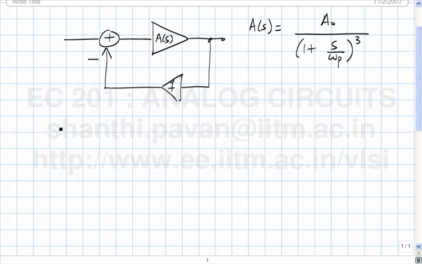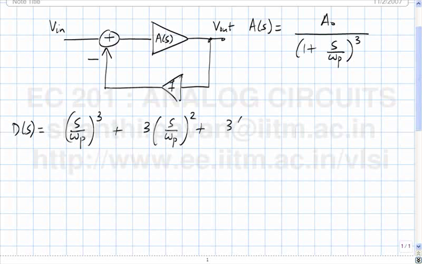and we said that the denominator polynomial of the closed loop system can be written in the form D of S is S by omega P the whole cube plus 3 S by omega P whole square plus 3 times S by omega P plus 1 plus A naught F. Okay.